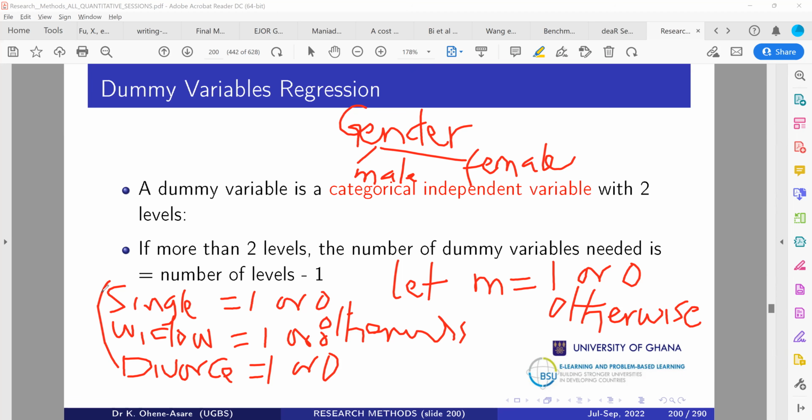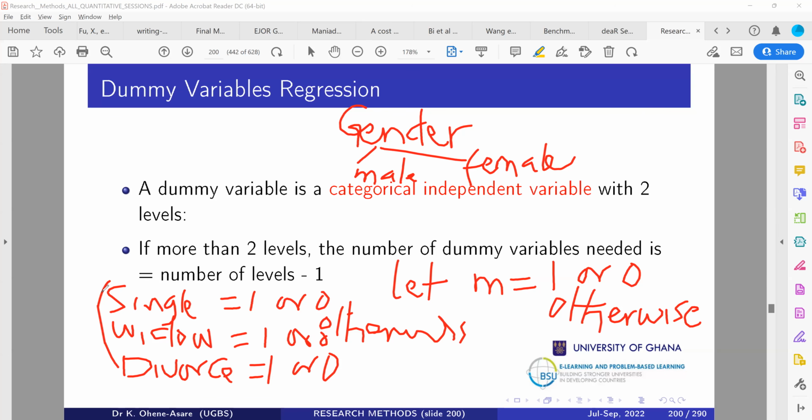So anytime I write 3 dummies like this, there's one particular dummy I don't write, and that is always the reference category. What this means is that anytime I mention single, I am mentioning single in relation to married. Anytime I mention widow, I am mentioning widow in relation to married.